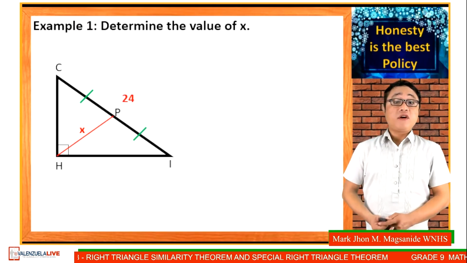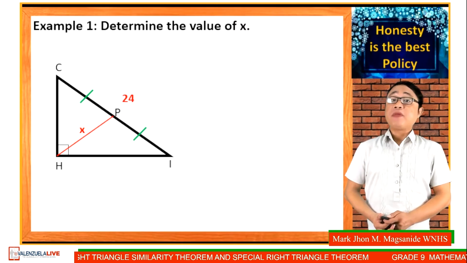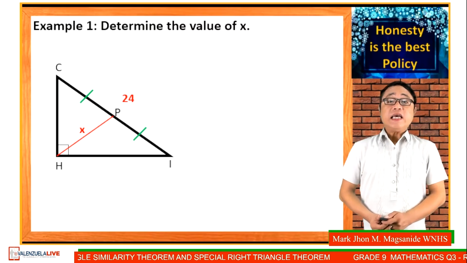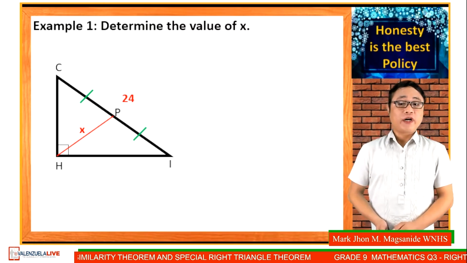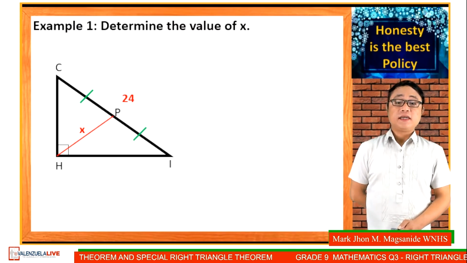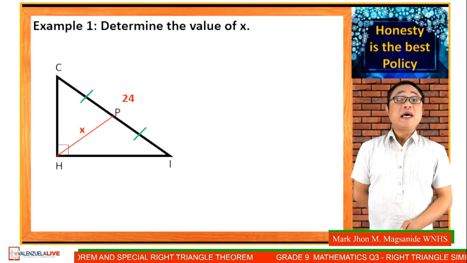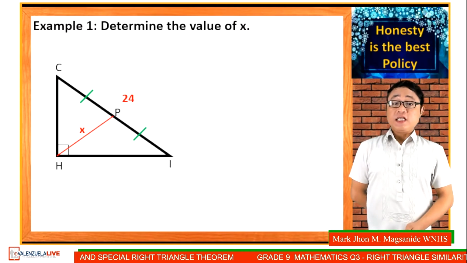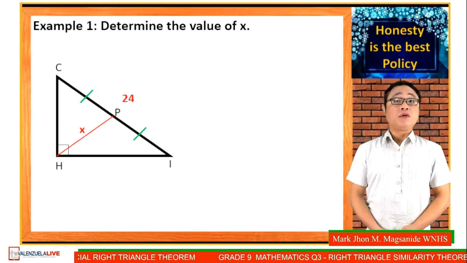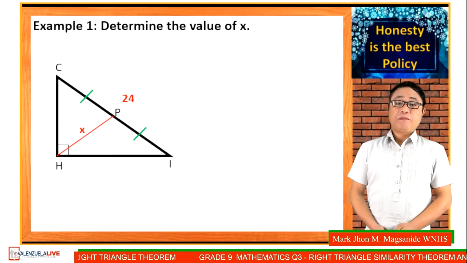Determine the value of x. From the given figure, the length of the hypotenuse CI is equal to 24. HP is represented by x, and it is a median to the hypotenuse, since its intersection to the hypotenuse passes through the midpoint as shown by the tick mark.